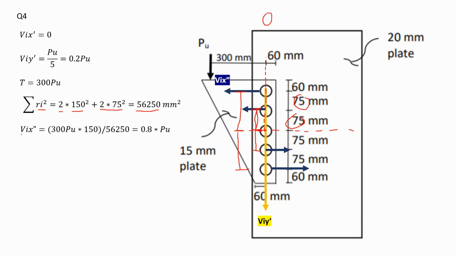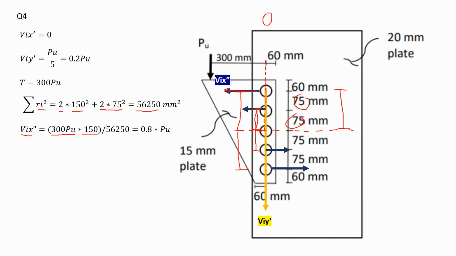So V_ix'' is the shear force caused by the torsional force. In here, I have 300 P_u, that's the torsion I found, multiplied by 150. 150 is the distance between the x-axis and the very far away bolt. The very far away bolt is at 150 millimeters. That is the one that has the maximum shear force in the x direction.